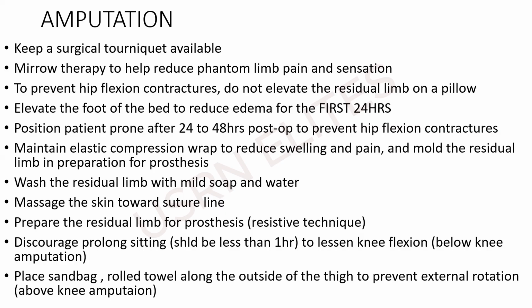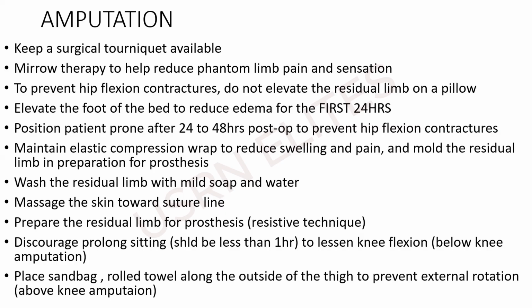The patient sometimes tries to flex the stump, and that will cause hip flexion. It will affect the hip, and over time we see that the hip is in a flexion position and will remain there for life. That is a contracture.